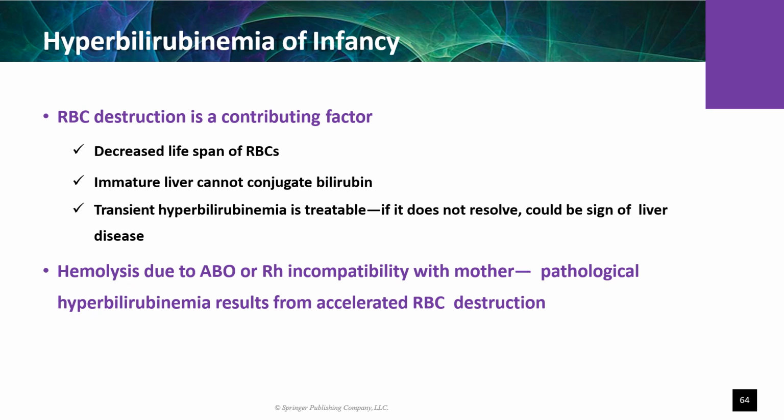Hyperbilirubinemia is a common and potentially life-threatening hematological condition in infancy, predominantly occurring within the neonatal period. Exceedingly high levels of bilirubin can have severe and potentially life-threatening effects, including hearing loss, intellectual disability, and encephalopathy.